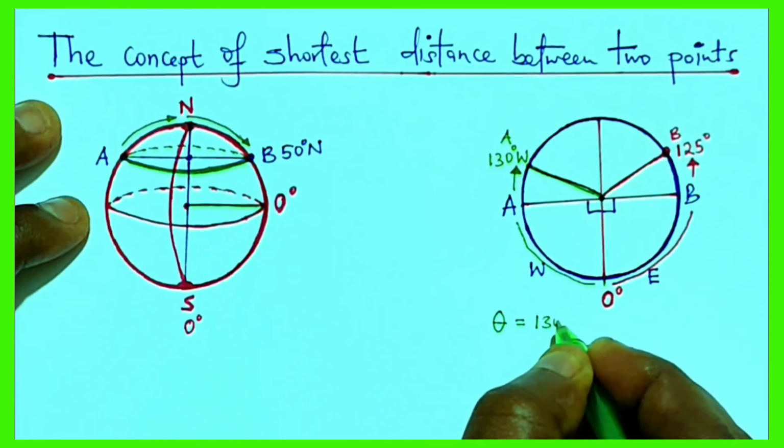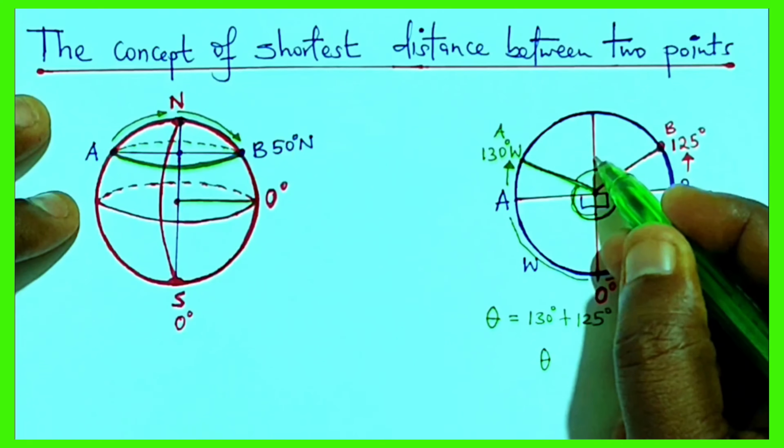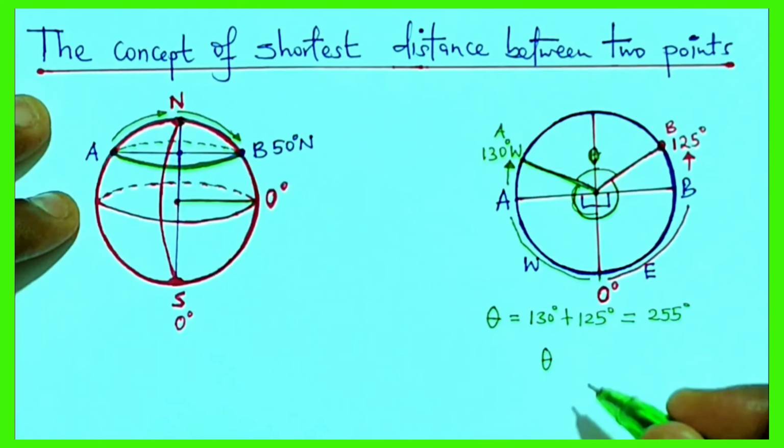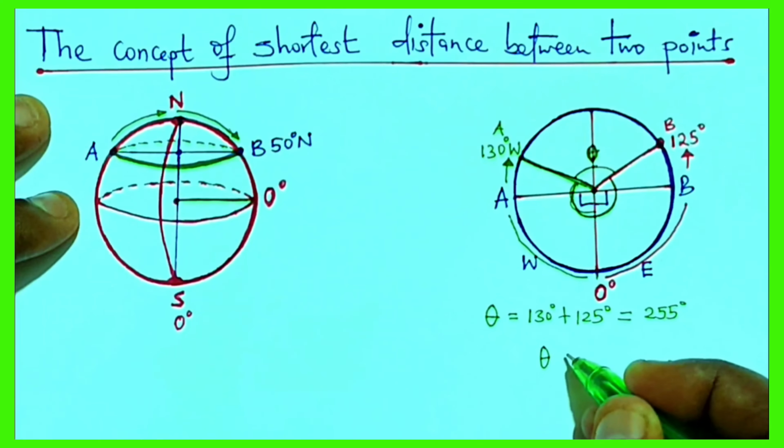So we'll consider that the value of theta will have to be the angle that will lead us to getting the minor arc, which is this angle here, which will be equal to 360 degrees to subtract 255 degrees, which will lead us to getting 105 degrees. So moving from point A to point B in this direction will be shorter than moving from point A to point B in this other direction, taking into consideration that this is the minor arc of the latitude.